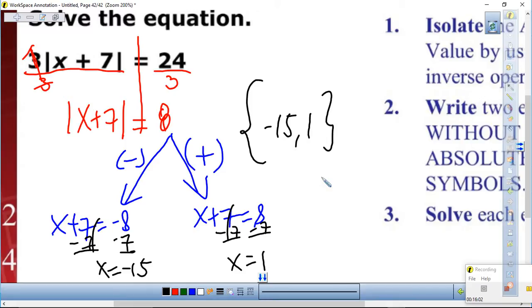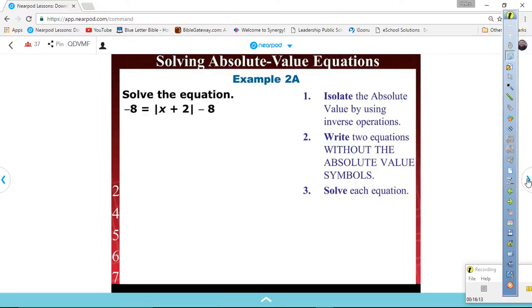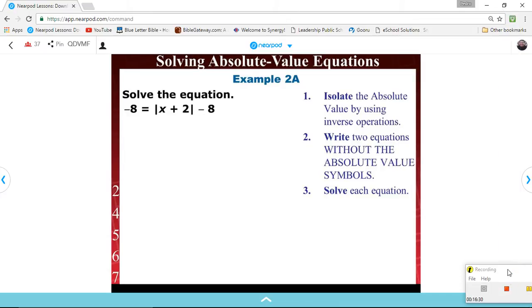Let me switch the gears a little bit and see how you do with this next one. Copy this one. Example 2A says, negative 8 equals absolute value x plus 2, close the absolute value, and then minus 8.